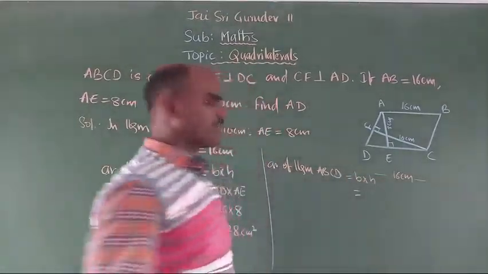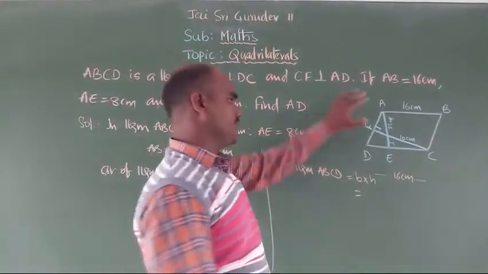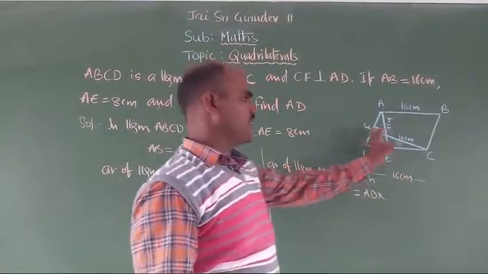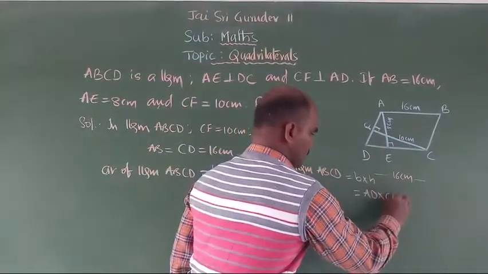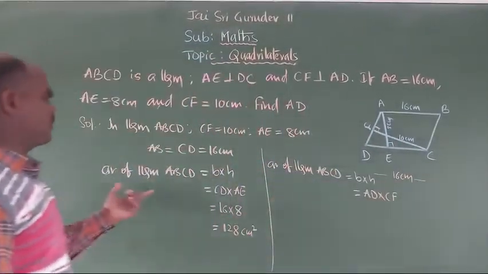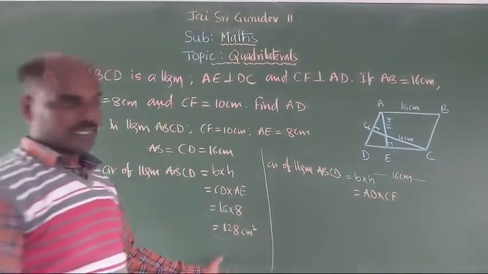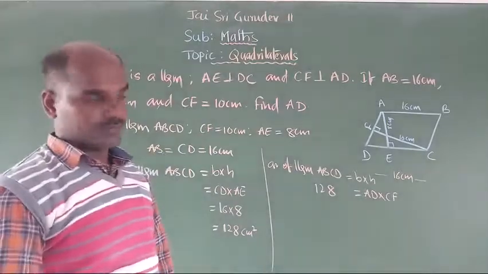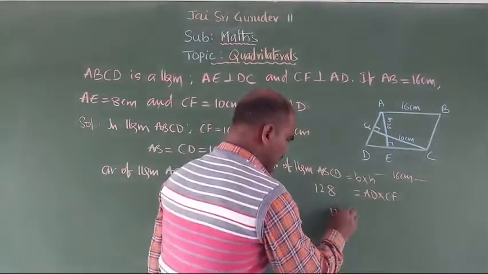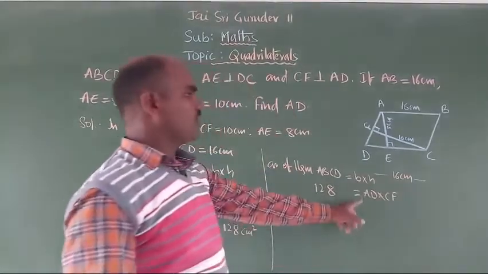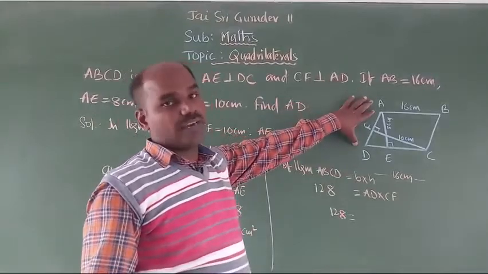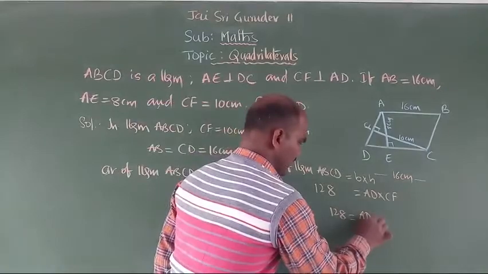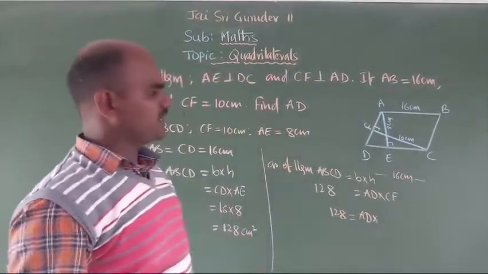This time I am considering the base as AD and the height as CF. The area of the parallelogram we got is 128, so I take 128 here. Then 128 is equal to AD, the unknown, which we write as it is, into CF.